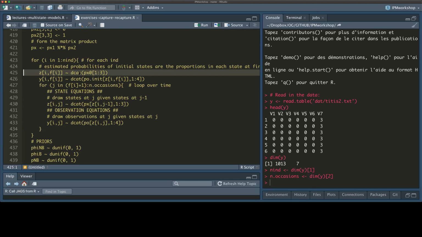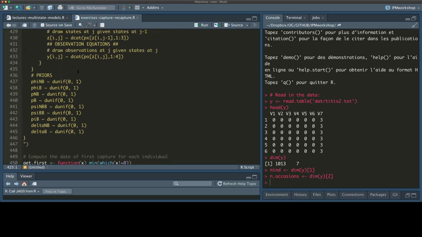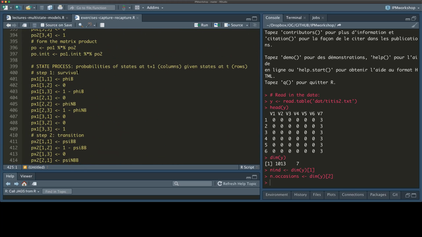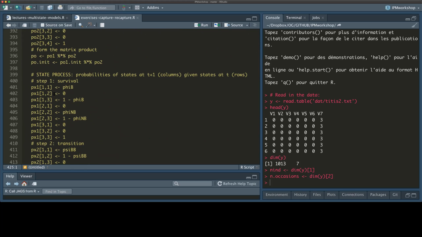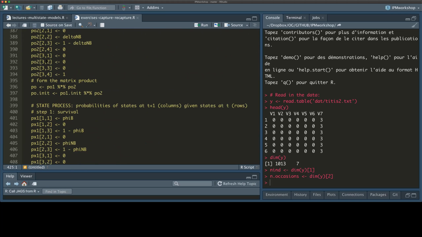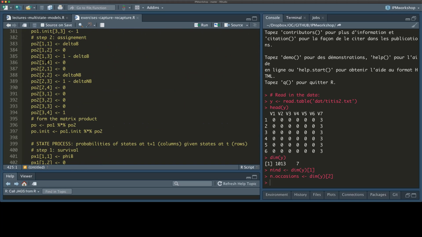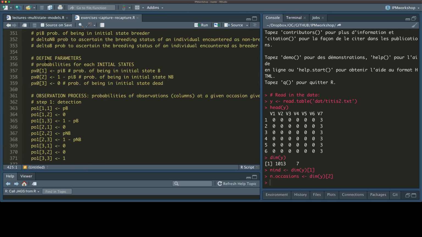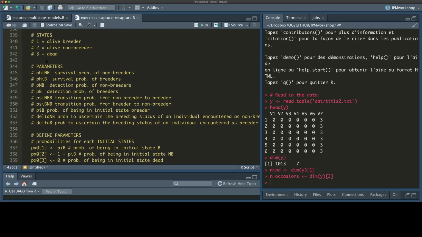It's no longer a deterministic link, but we have to take it in a categorical distribution as well. But the way you build the transition and the observation matrices is similar to what we were doing with the multi-state models.